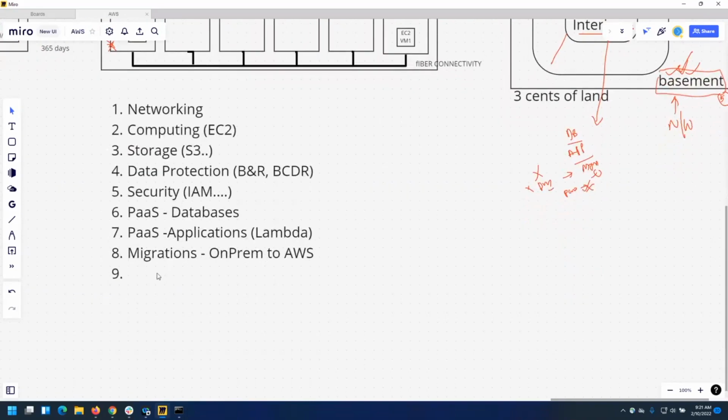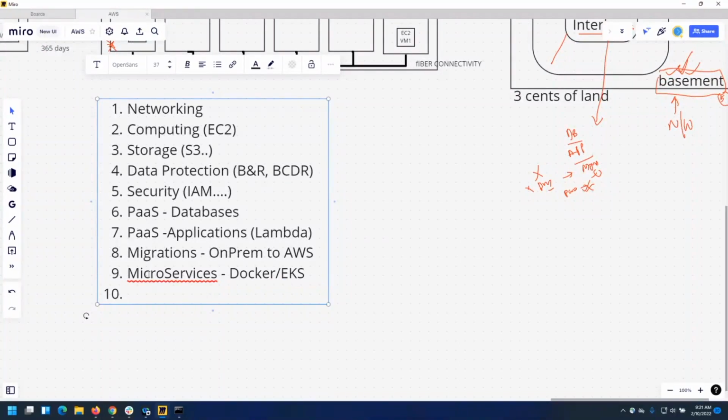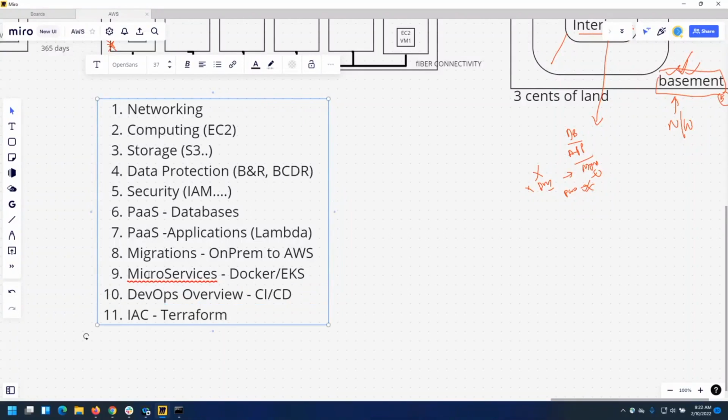Then we'll talk about microservices like Docker slash EKS, and then your DevOps overview, which is CI CD, and then your IaC, which is your Terraform slash CloudFormation at the end.